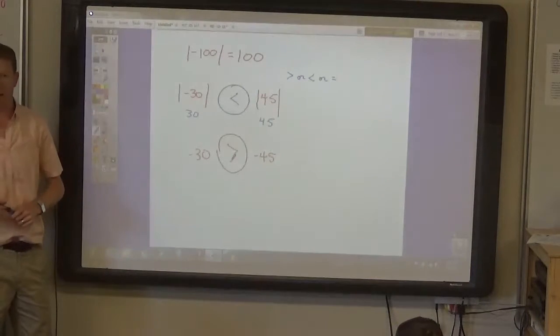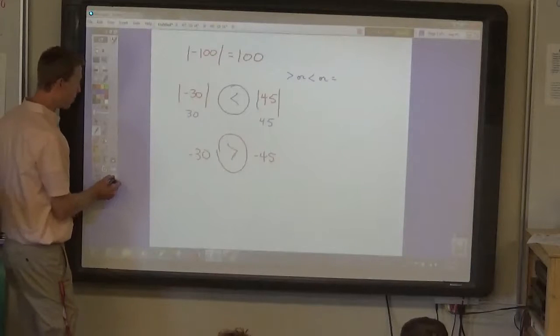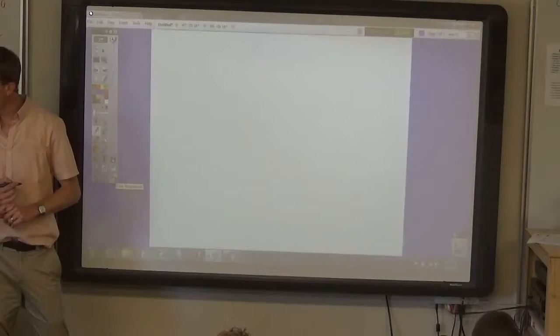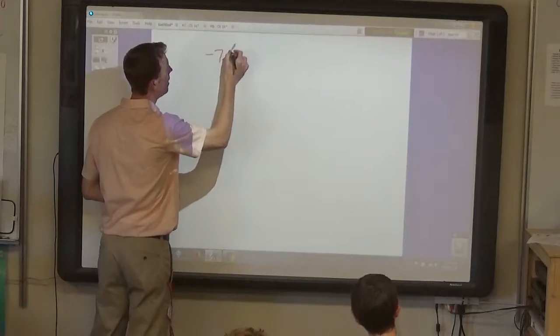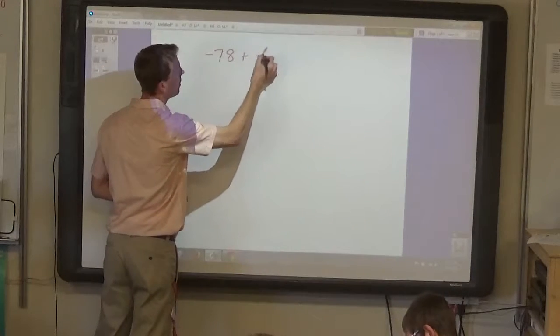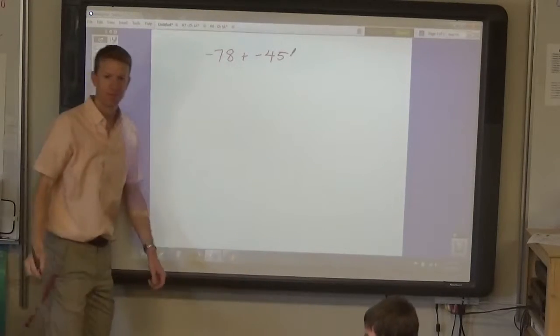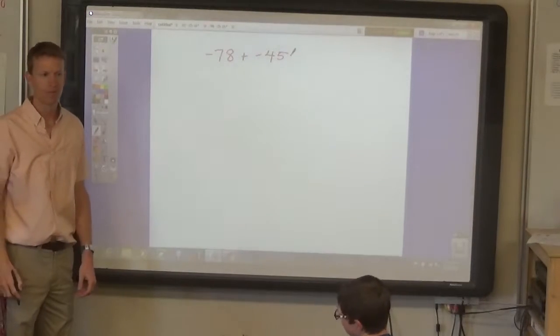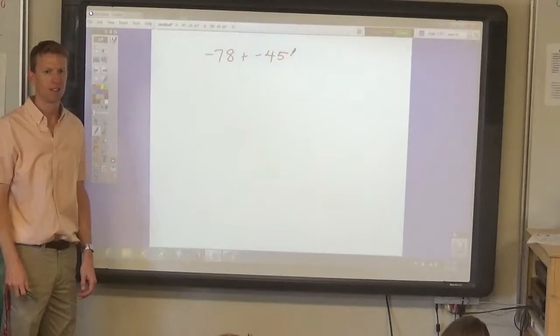Then you're going to have to add positive and negative numbers. So, for example, you're going to have to add negative 78 plus negative 45. How would you do negative 78 plus negative 45?